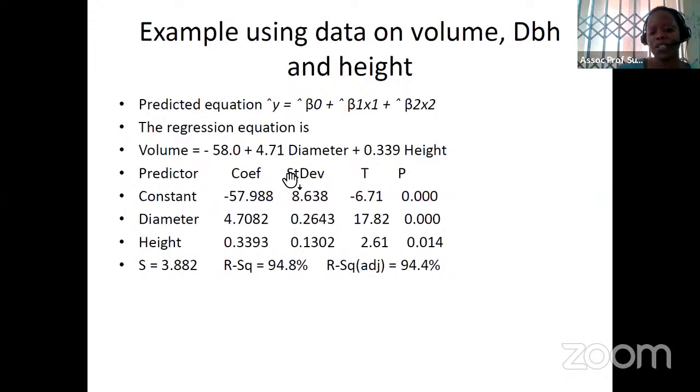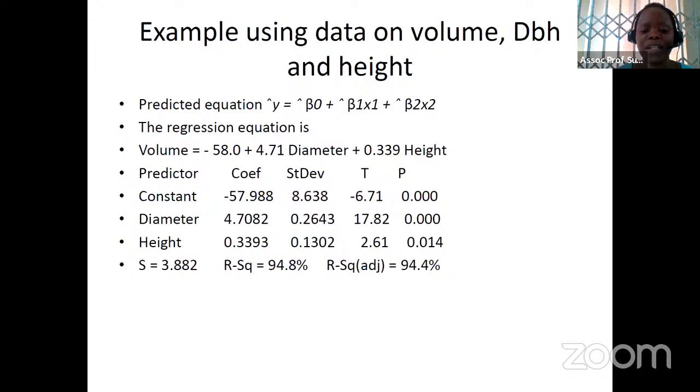Okay, so now here the output gives us the coefficients, the standard deviation, the t-value, and the corresponding p-value. The hypothesis we are testing here under multiple regression is that the two independent variables are linearly related to volume, or there is a linear relationship between volume, diameter, and height.